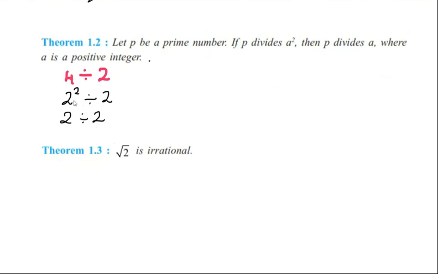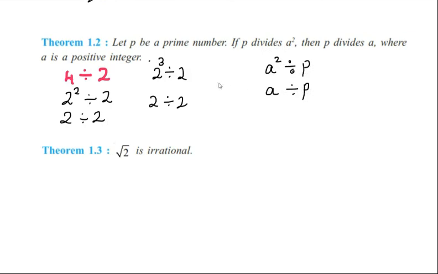Not only for 2 square alone, if 2 cube is divisible by 2, then 2 is divisible by 2. That means P divides A square, A square is divisible by P, then A is divisible by P.